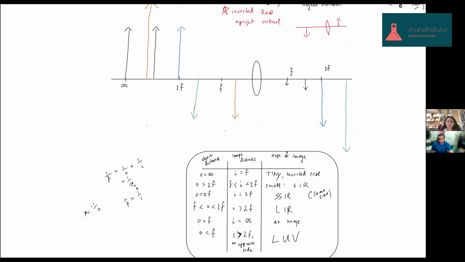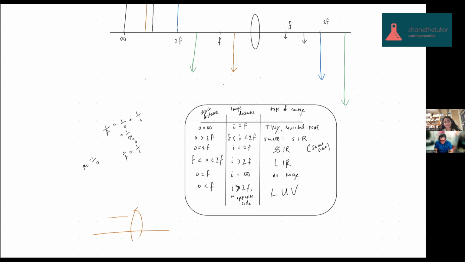This isn't even really a ray diagram. A ray diagram is when you draw something that goes there, something that goes through the center. No one wants to do that, not even me. So I would say memorize the table, but also see the patterns involved.